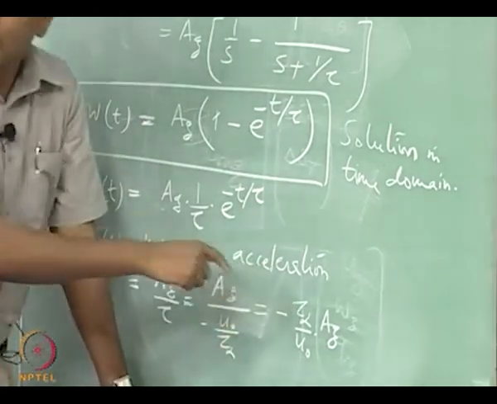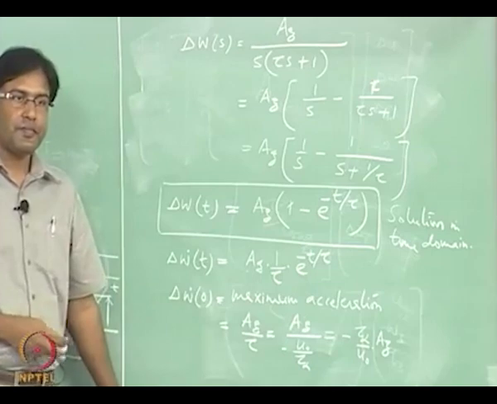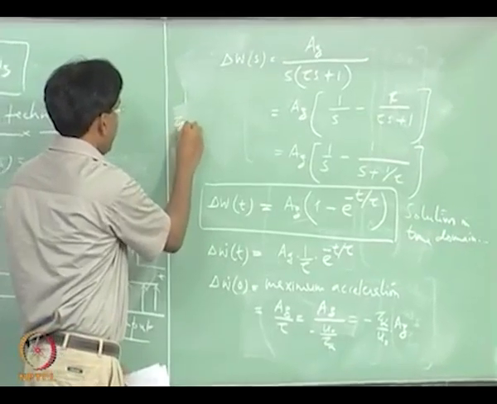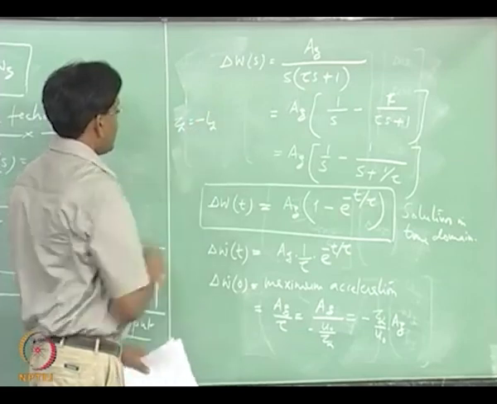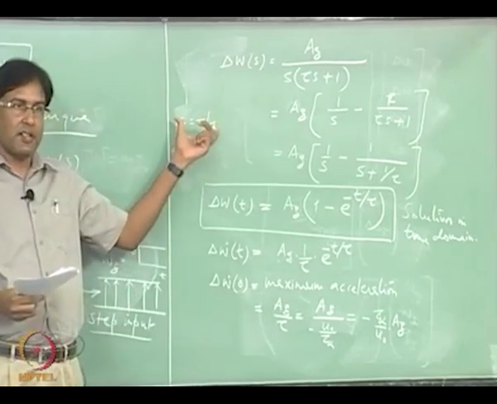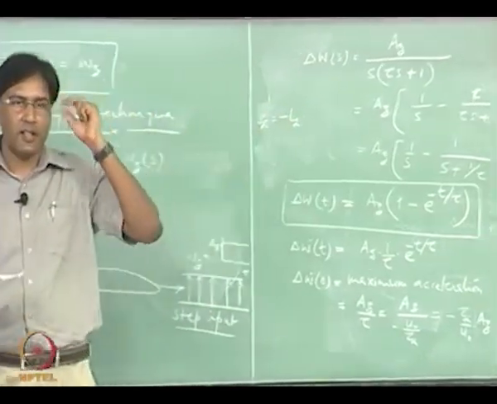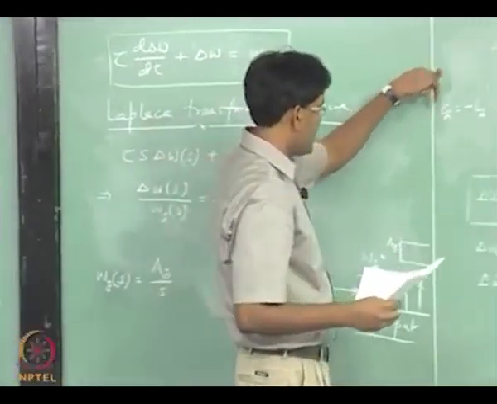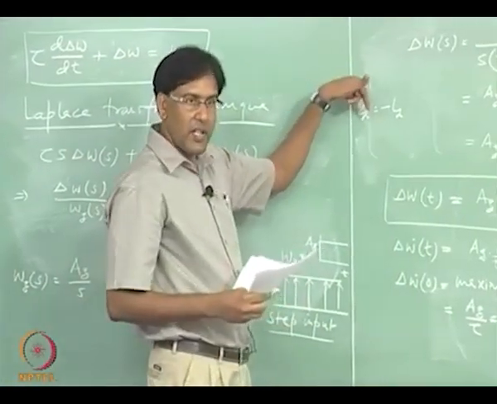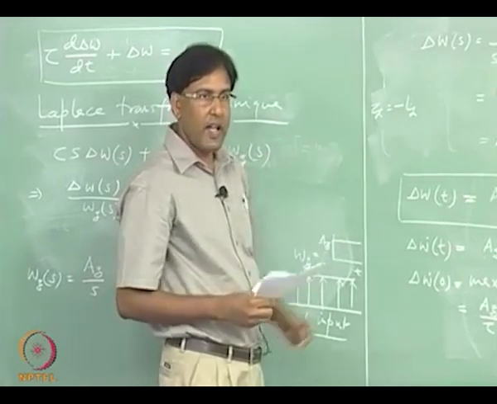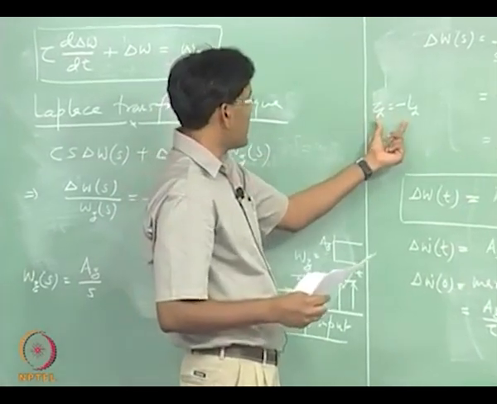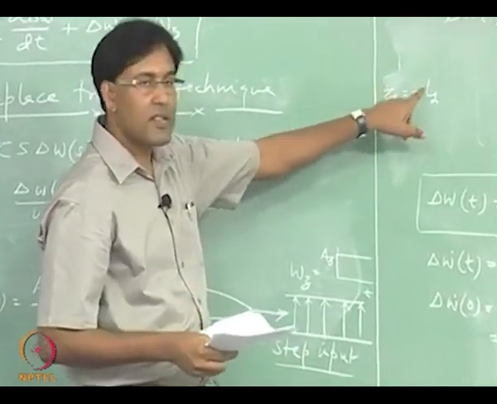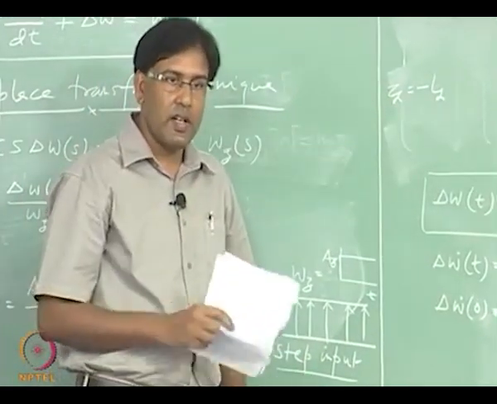This Z alpha is nothing but minus of L alpha, right. Z is in the negative direction, or Z in this direction, vertically down, is the positive direction, right. So, lift is acting in the negative direction according to the choice of axis system that we have. So, Z alpha is minus of L alpha, right.